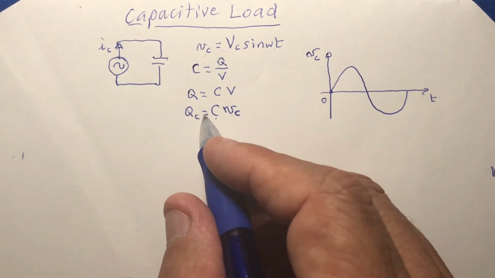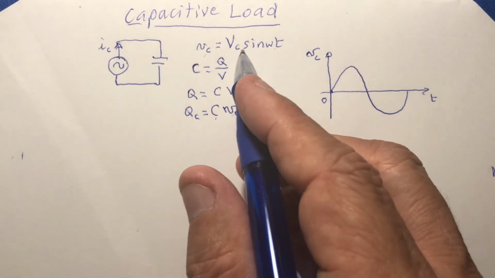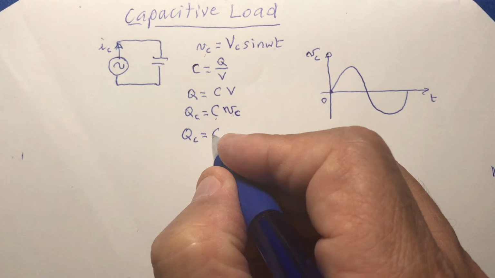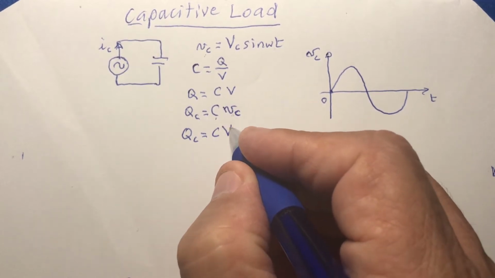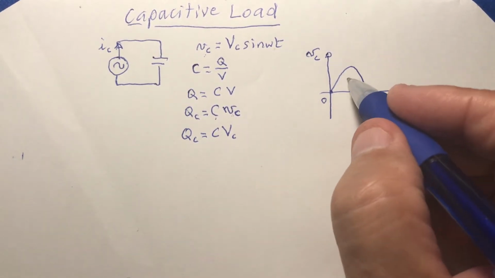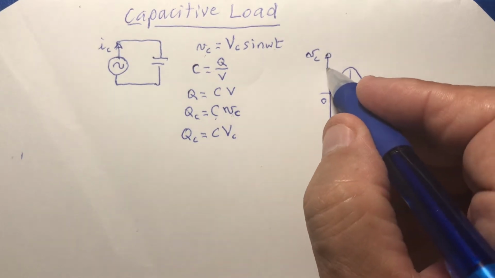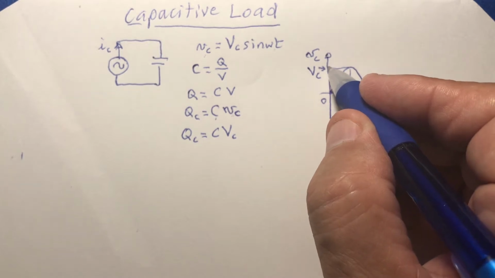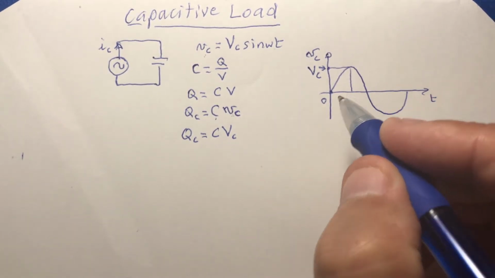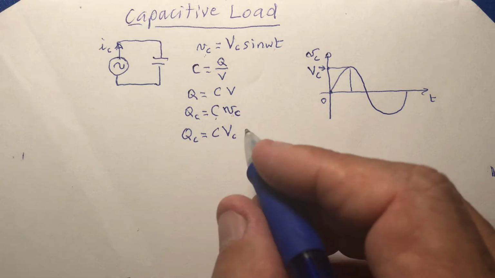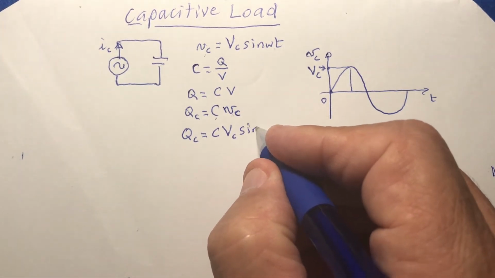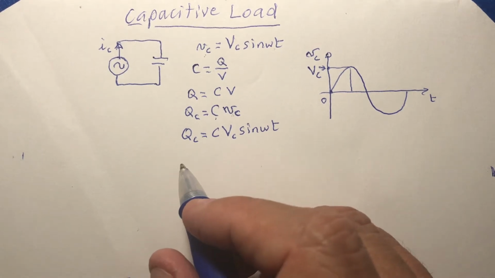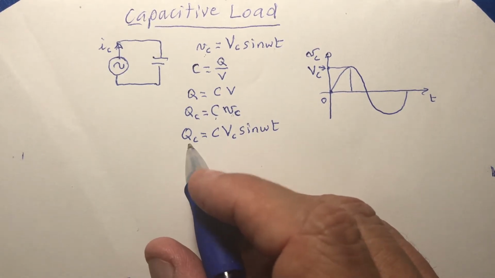So now I take this VC, the amplitude of the wave, so QC is equal to C VC, and then I put here sine omega t. Now I need to take a derivative of Q to get the current.